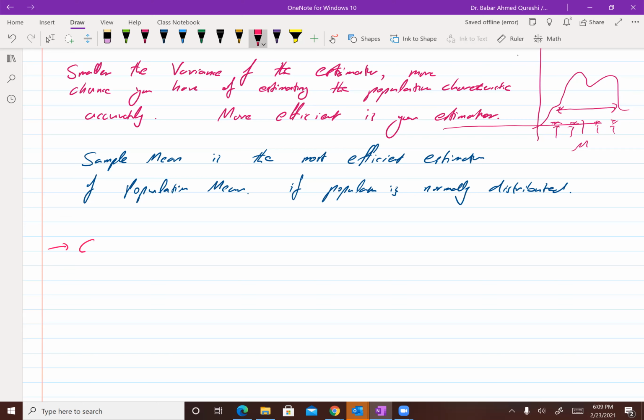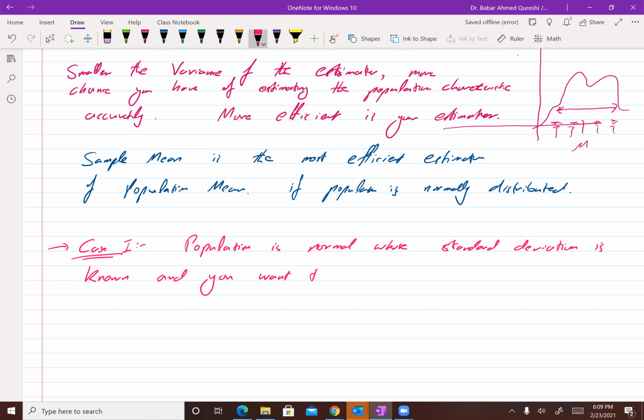The first case is that your population is known to be normal, whose standard deviation is known, and you want to estimate its mean.